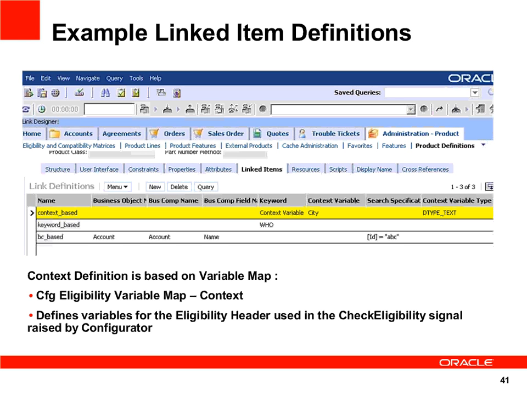They can be defined context-specific through integration objects and components. They can be defined for business components. They can be defined through profile attribute values, and they can be defined by calling a business service. So it gives you a lot of flexibility to set up linked item definitions.